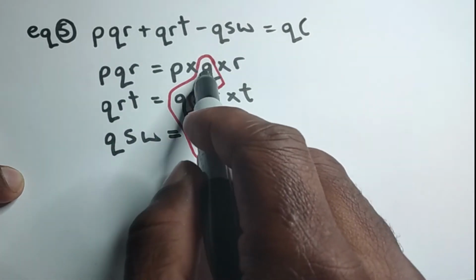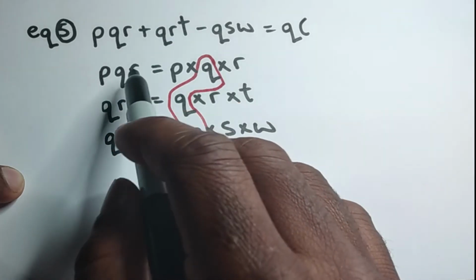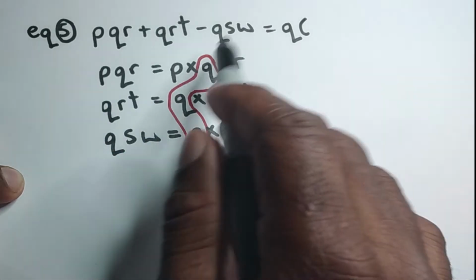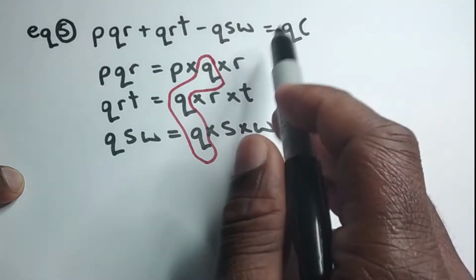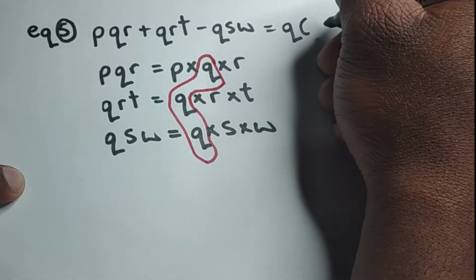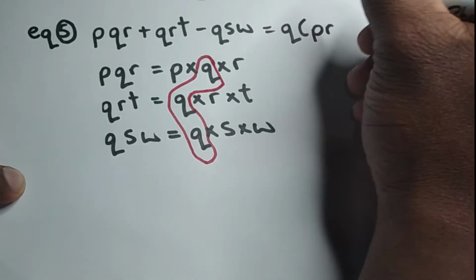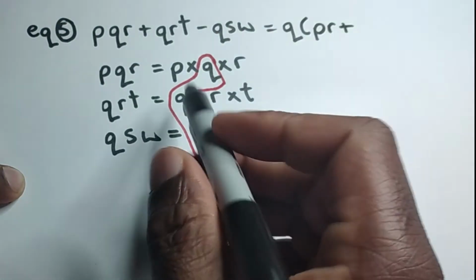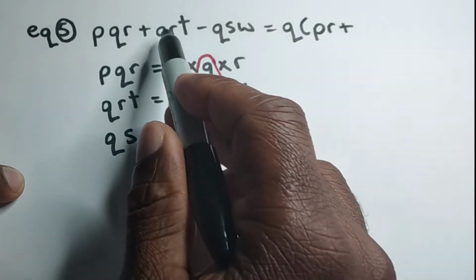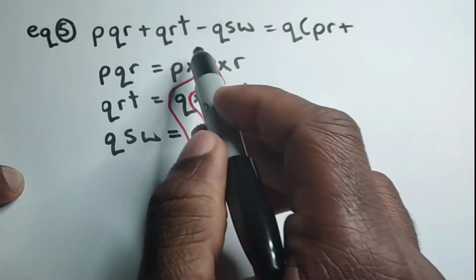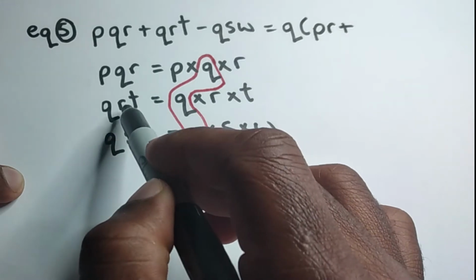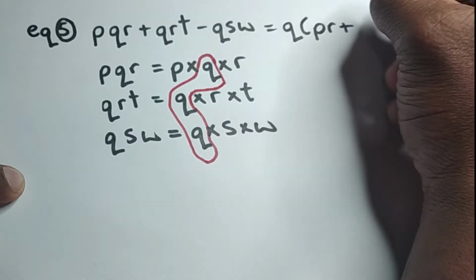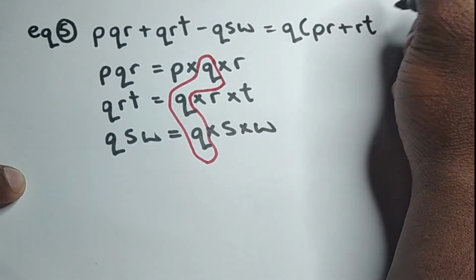So after we factored Q out of PQR, we're left with P and R. And again, we're dealing with multiplication signs here. So P times R is the same thing as PR. All right, and write back the addition sign right here. After we have factored Q out of this particular term, we're left with RT.